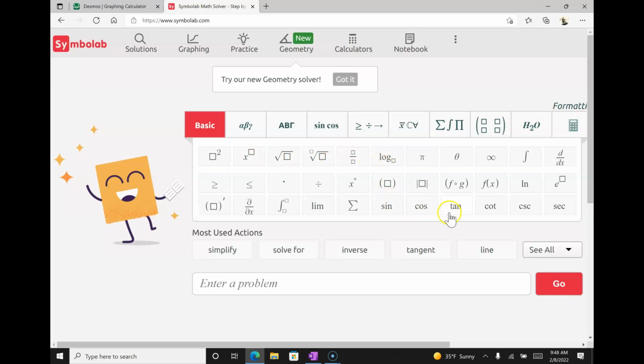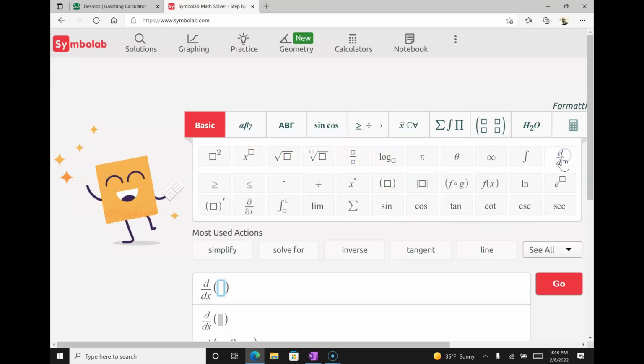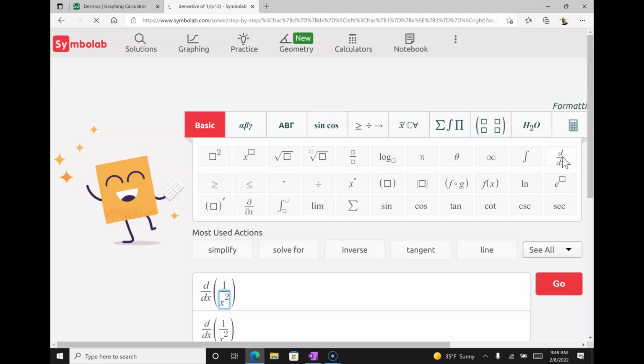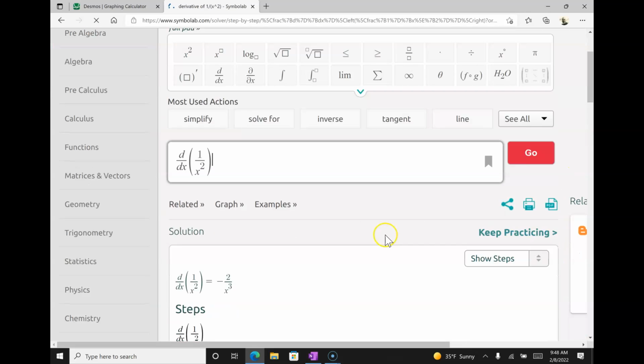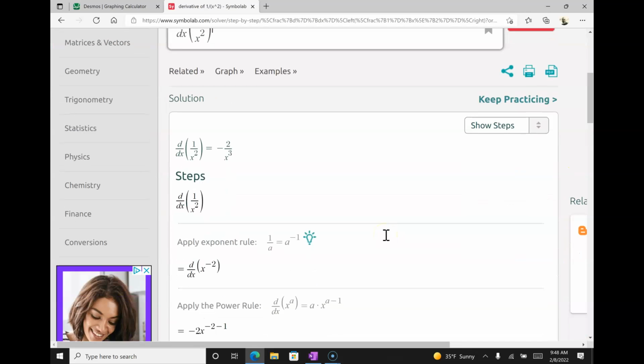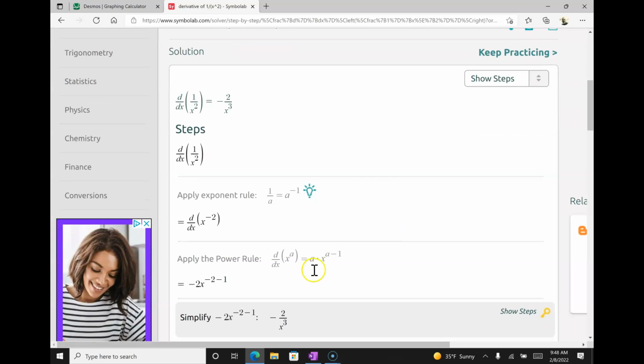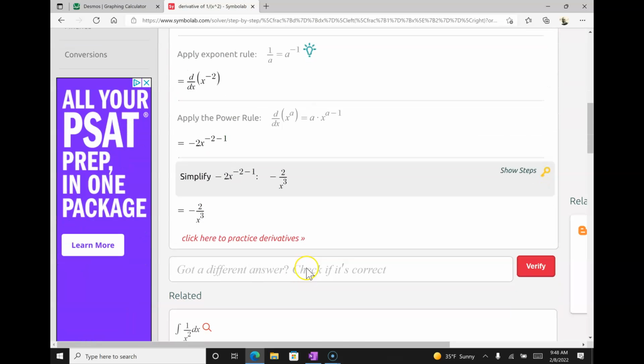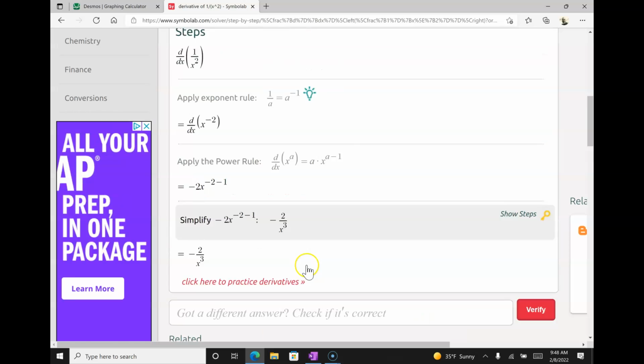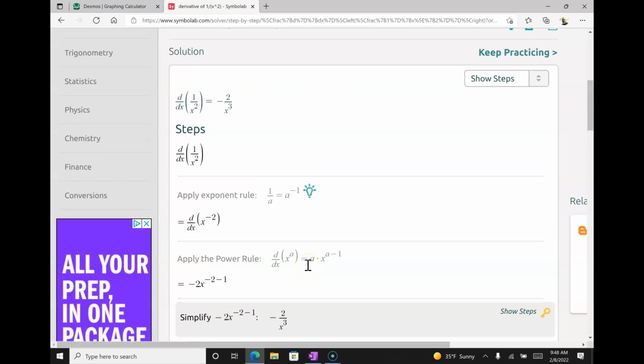I'm looking for my derivative. There it is, derivative of 1 over x squared, right? And so there's the answer, right? It shows me the shortcut, right? It doesn't show me the whole process, right? Because eventually we're going to get rid of that whole process. We're going to have shortcuts for everything.